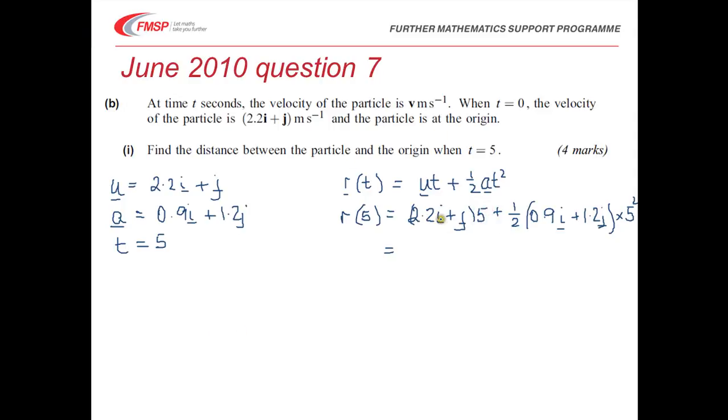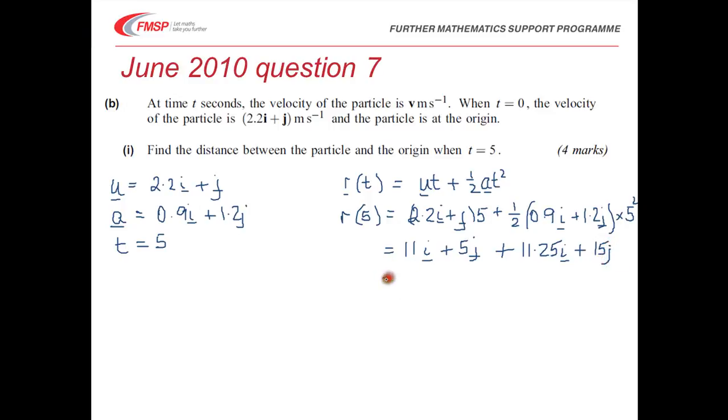Then 2.2i times 5 is going to be 11i plus 5j. So all I'm doing now is multiplying through. 25 times 0.9 times a half is actually 11.25, so we have 11.25i, and a half times 1.2 times 25 is actually 15, so 15j there.